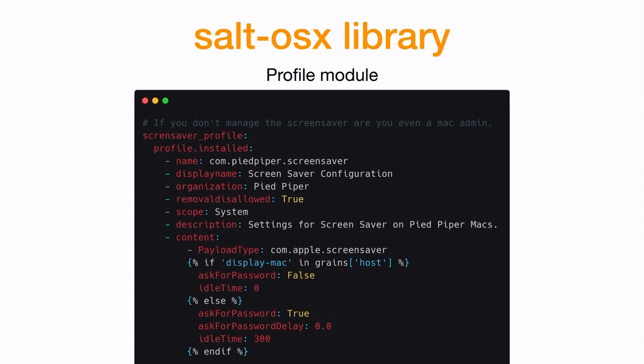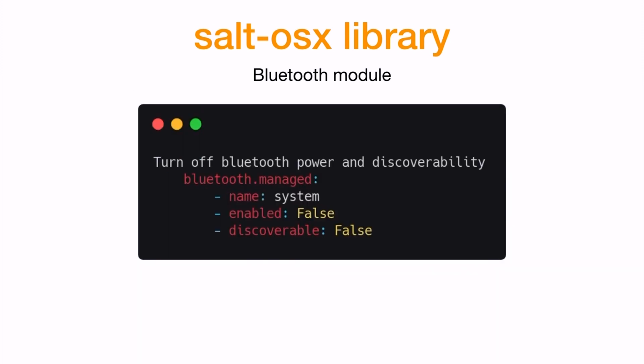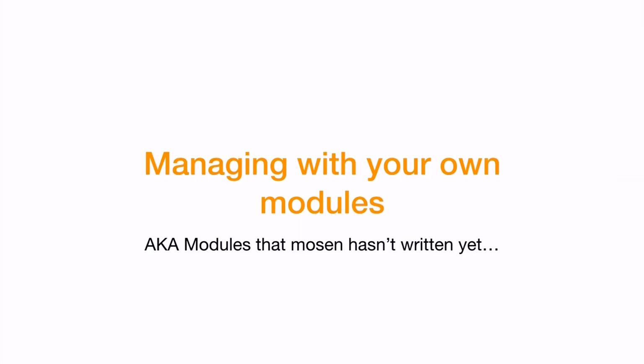And you can see where it says if display Mac and grains, ask for password is one thing. So it's actually dynamically creating that profile on the fly. It's not just a static file that's in the repository. It's templating that out. We can turn off or on Bluetooth if we really want to.